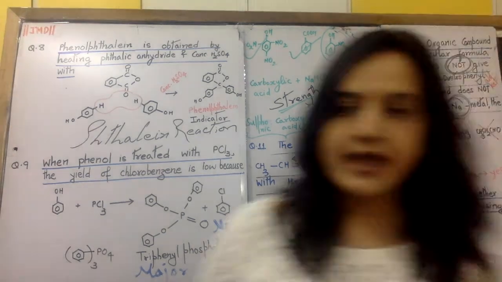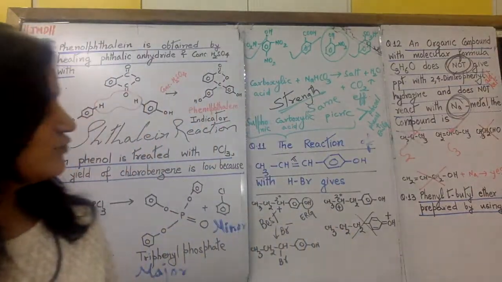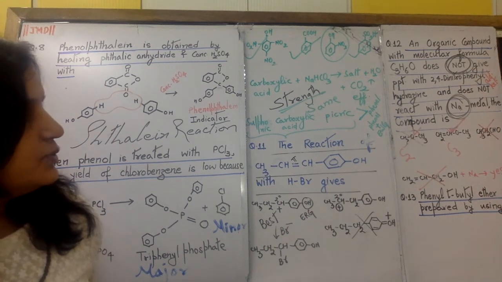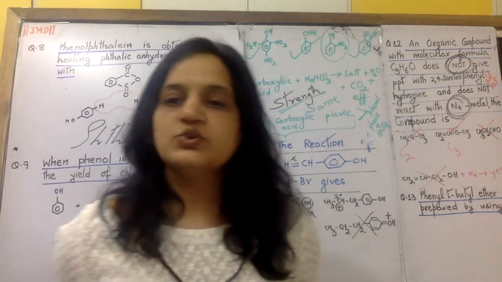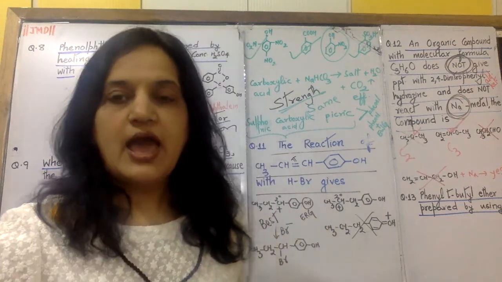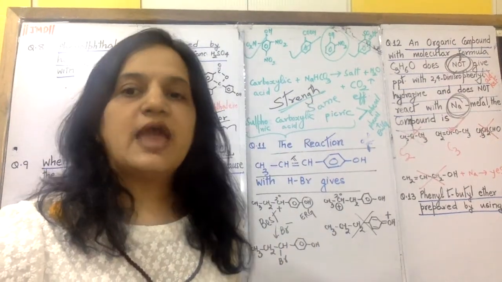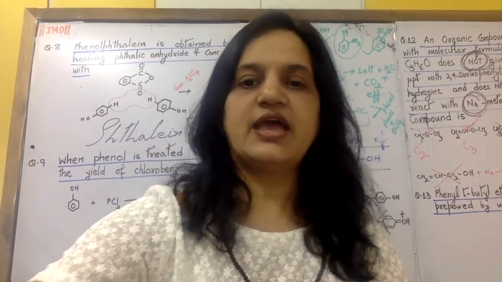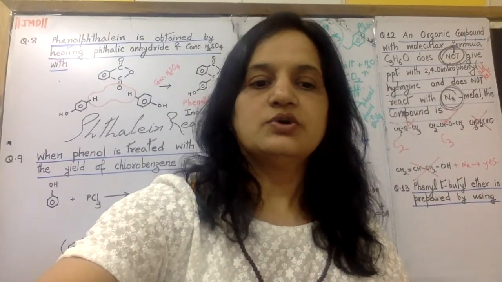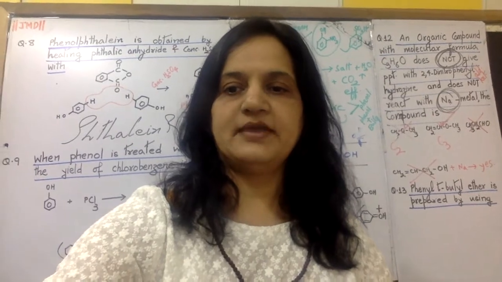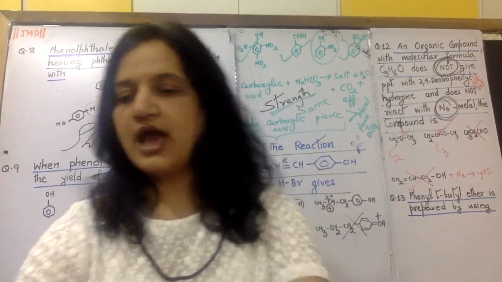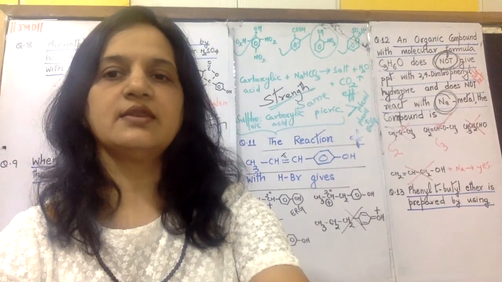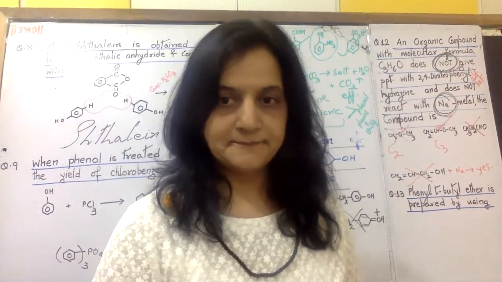Okay? Fine? The last question is: phenyl tertiary butyl ether is prepared by using. I'll just adjust this. Just a minute. Yeah, you can see now. So phenyl tertiary butyl ether is obtained by using.